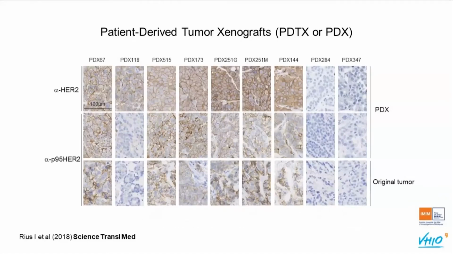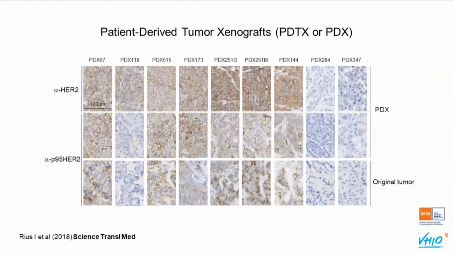Taking these models one step further, instead of using cell lines overexpressing the antigen, we wanted to use patient-derived tumor xenografts. As you know, these are pieces of tumors that are implanted into immunodeficient mice, and they can be perpetuated. And we have a collection of patient-derived tumor xenografts positive for HER2, as shown here.